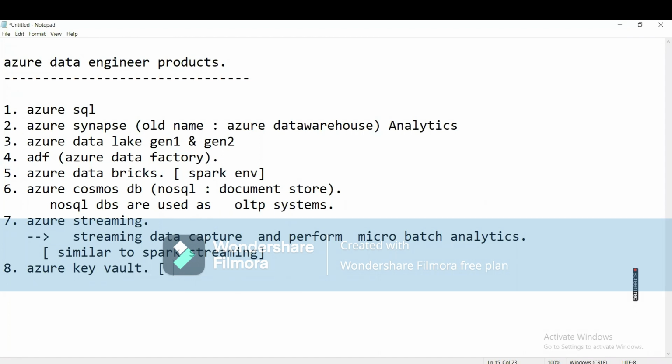This is to store and access policy IDs, secret keys, and remaining keys like public keys and private keys, user IDs and passwords. All these things you can manage in the Key Vault.